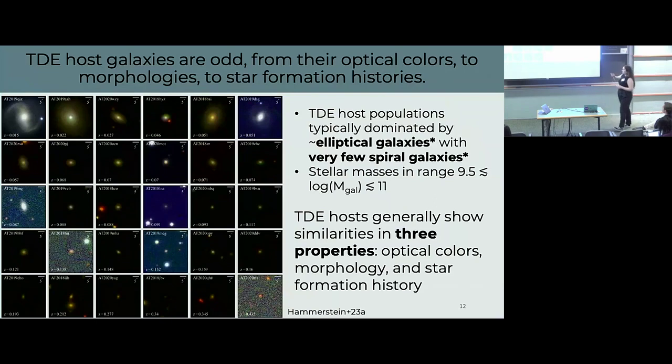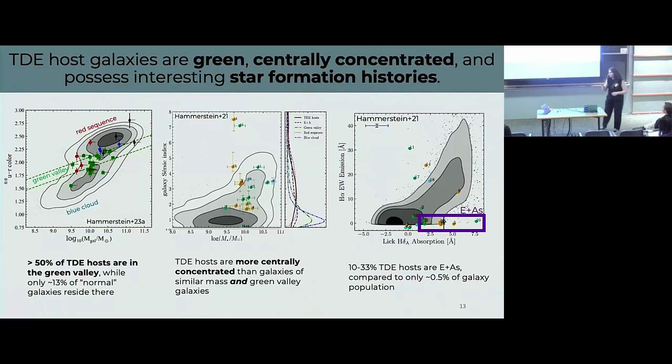Now, when I look at TDE hosts, I generally like to compare them in 3 different properties: their optical colors, their morphology, and their star formation history. We heard a little bit about this. In terms of optical colors, TDE hosts are green, so they live in the green valley, which is below the red sequence of red passive galaxies, mostly your ellipticals, and above the blue cloud, which is blue star-forming galaxies, usually your spirals.